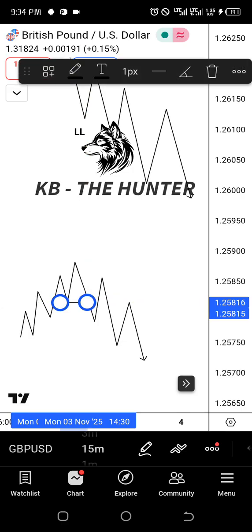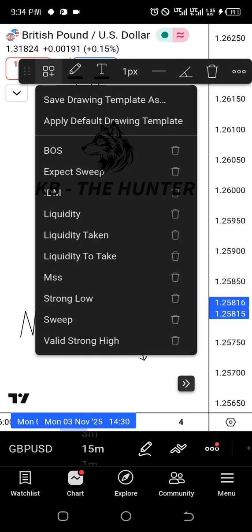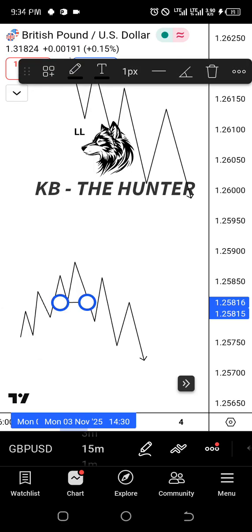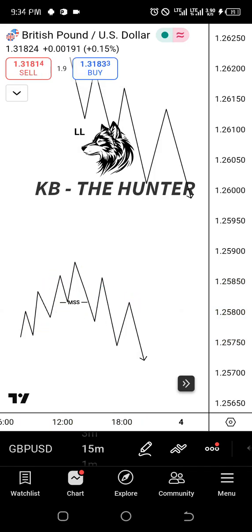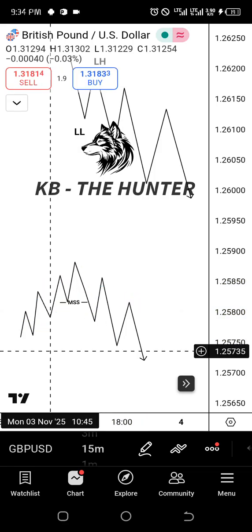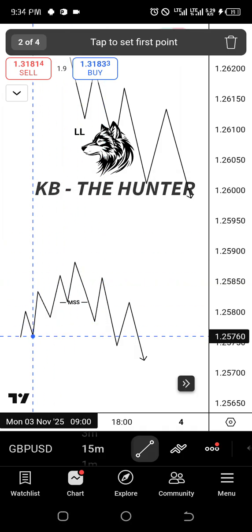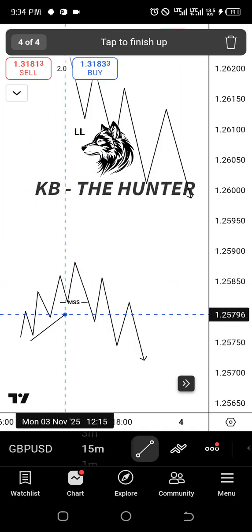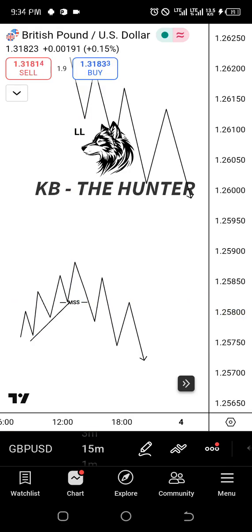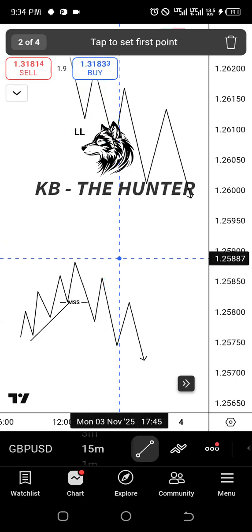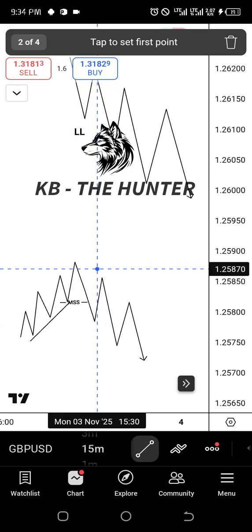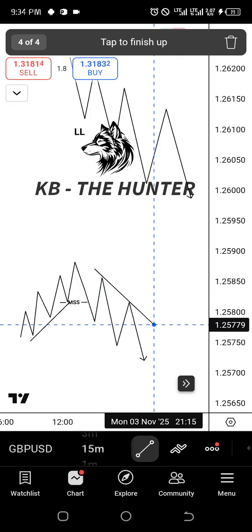I have it as MSS here, which is market structure shift. So the market was bullish, then all of a sudden the market became bearish. You can see that the market is crashing down.